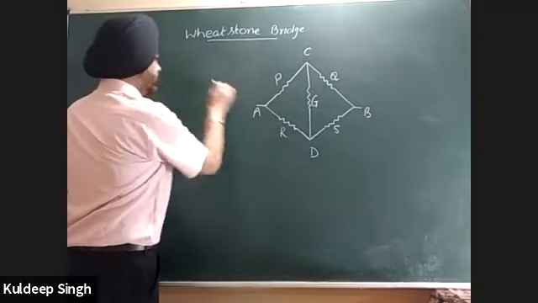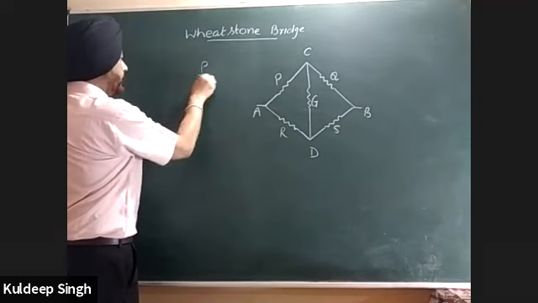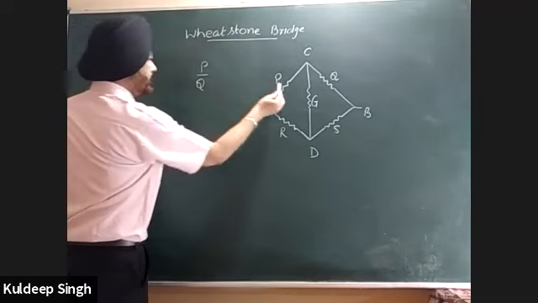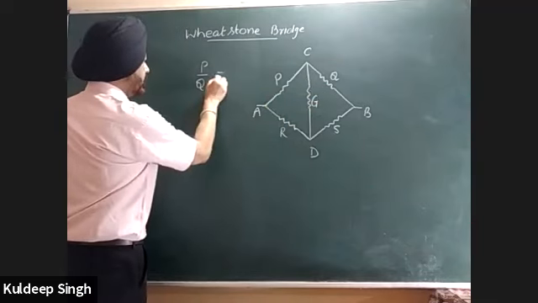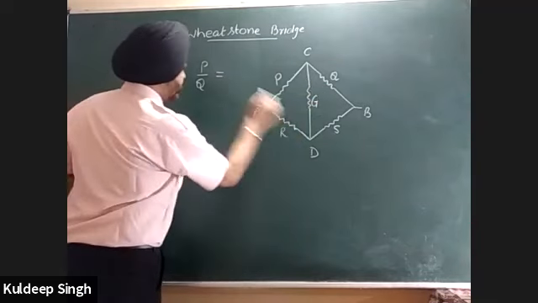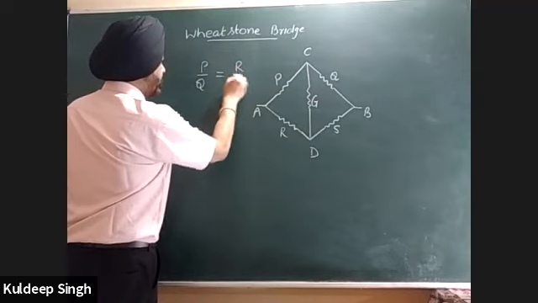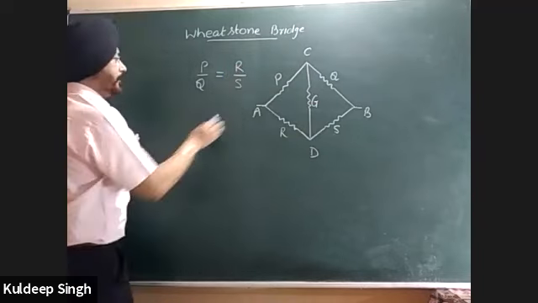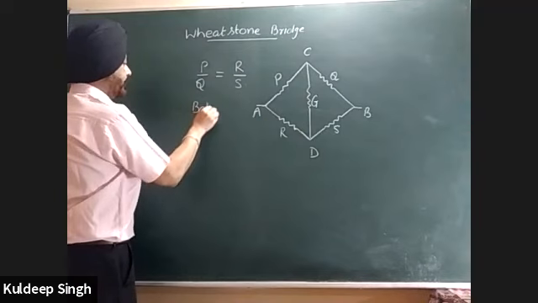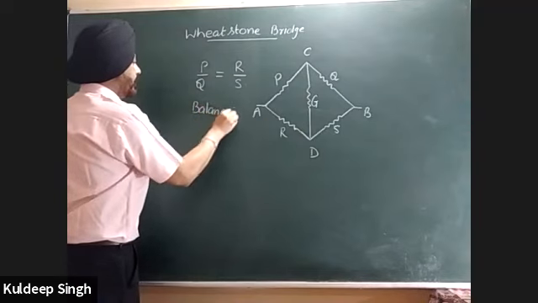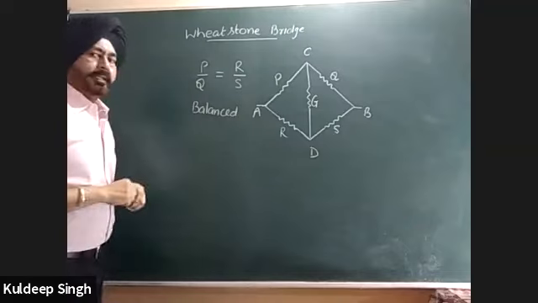As per the principle, if P by Q, means this resistance upon this resistance, is equal to R by S, then the circuit is said to be balanced. Now, what is balanced in the circuit?